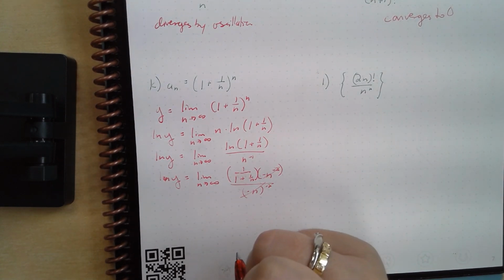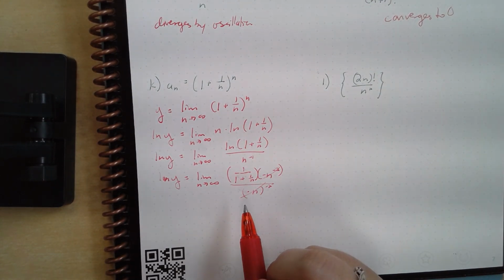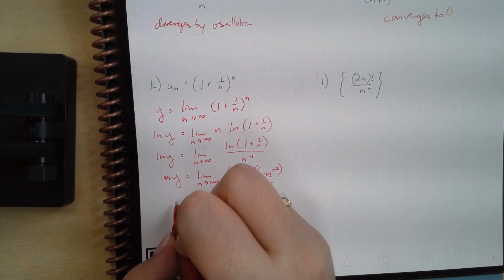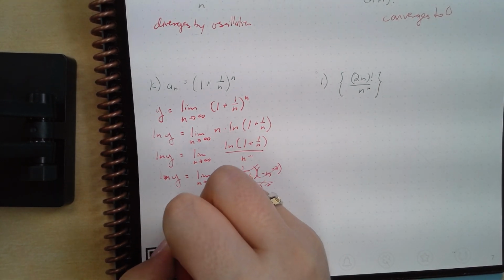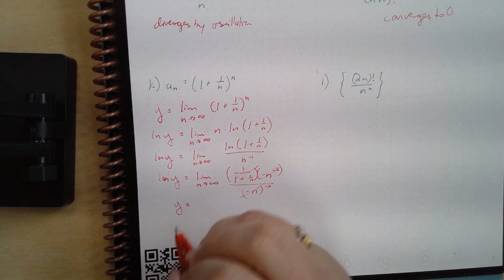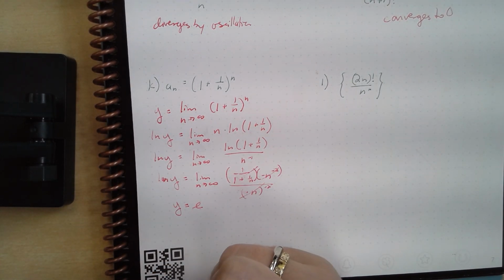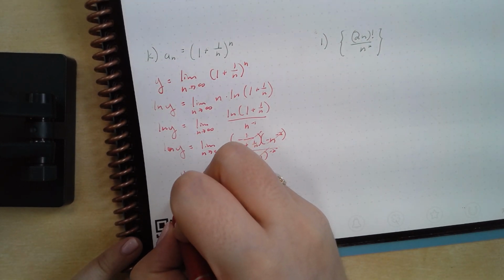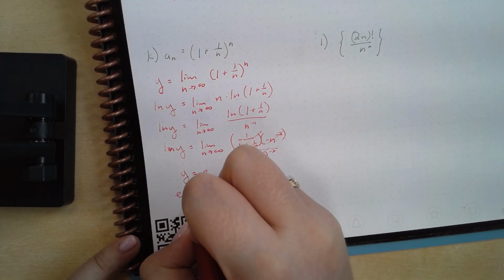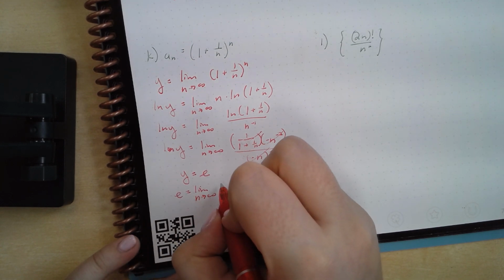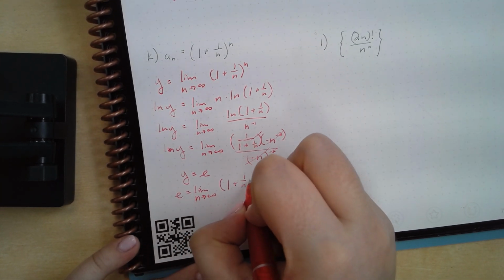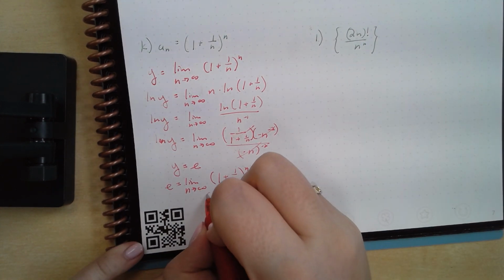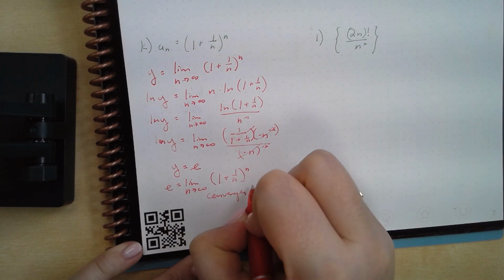These are going to cancel out, so then you're going to end up getting, and this actually goes to 0, so you end up actually getting y is equal to E, right? So this is a definition of E. E is equal to the limit as n approaches infinity of 1 plus 1 over n to the n. That's a definition of E right there. And we can say that this converges to E.